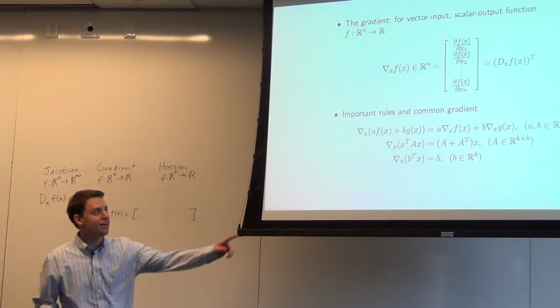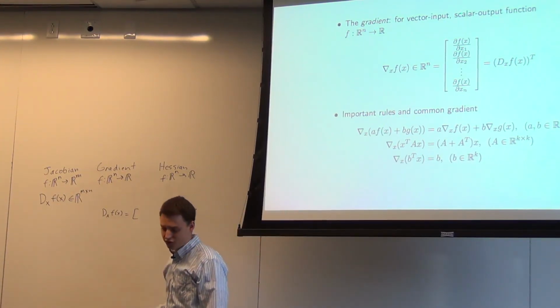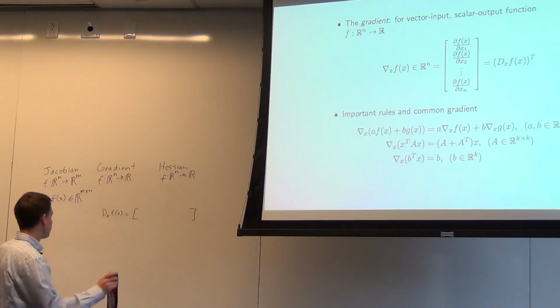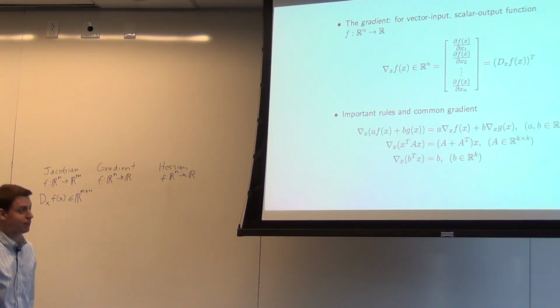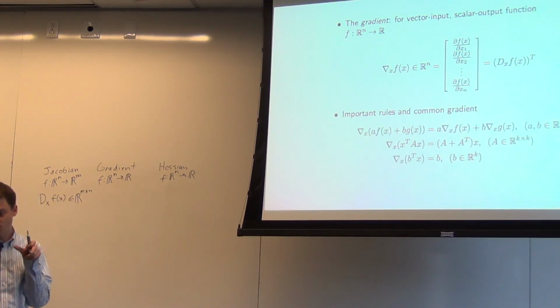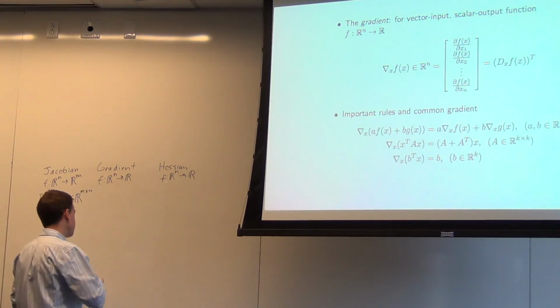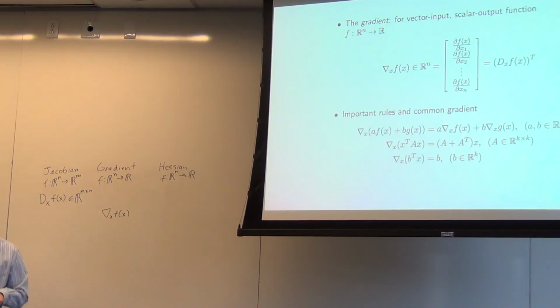You can also think of it as just the transpose of the Jacobian. The only reason we do that, by the way, is that it's sometimes easier to work with column vectors than row vectors. So we just have its own name for it, and we'll denote it like this: upside down triangle with x, f of x.